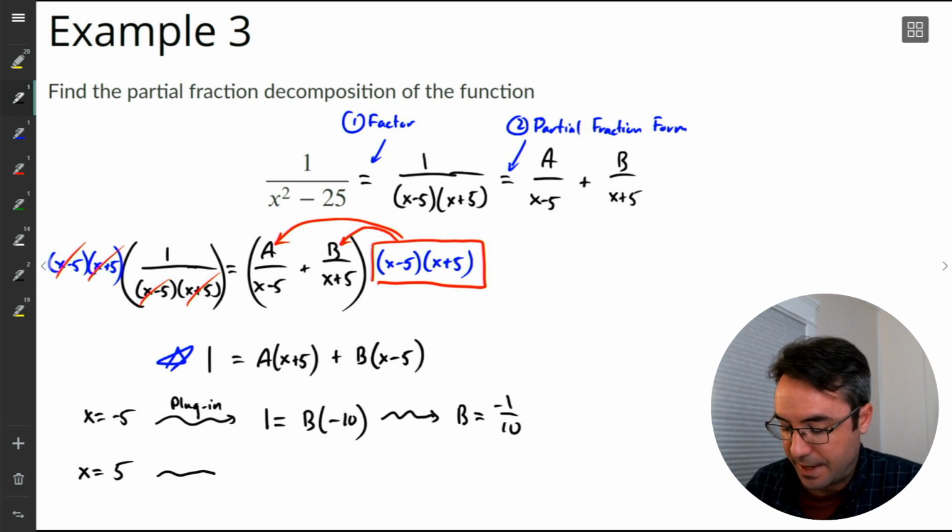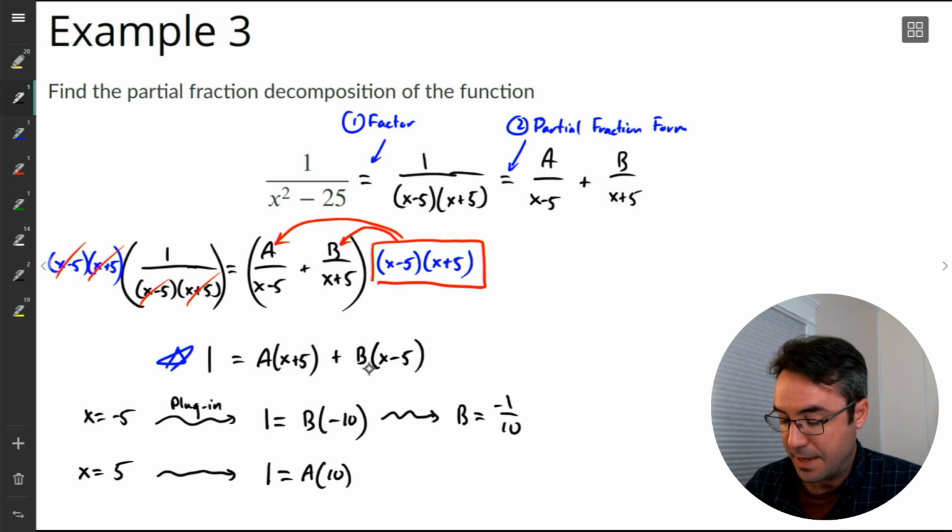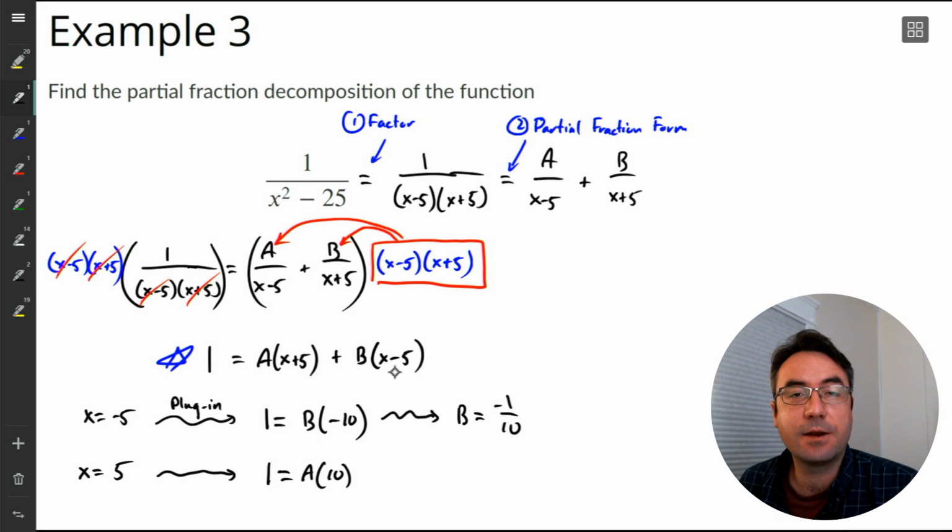We're going to plug it into this equation here. We'll get a 1 on the left. And then when we plug in x equals 5, we don't know what a is. We're going to get 5 plus 5 here, so that's 10. And then we're going to have plus b, but then plugging 5 in right here, we get 5 minus 5 is 0. Anything times 0 is 0.